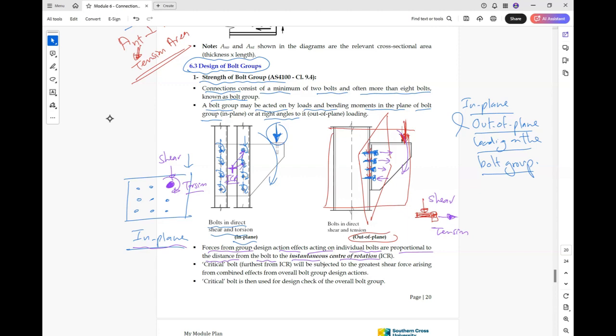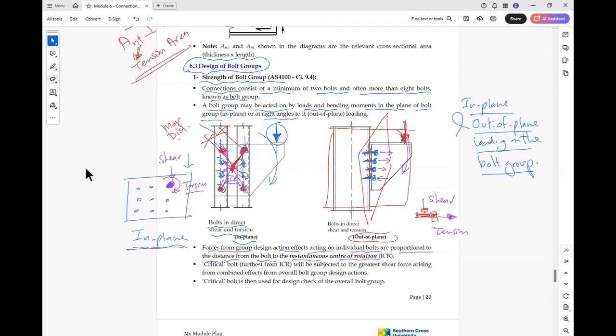Each bolt will take a proportion or percentage of the load based on its distance from the bolt to this center. For example, this is the maximum distance. That's why this bolt, this bolt or this bolt, these 4 bolts, will take the maximum force.